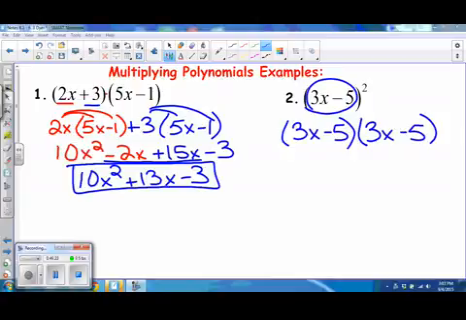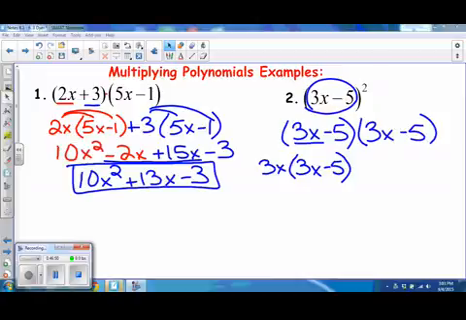Okay, now, I know some of you are good at this, and you can just look at it and go 3x times this, times this, times this, times this. But some of you need to be a little more organized because it's easy to make a mistake. So write it out. First, you're going to distribute the 3x. So 3x times what? 3x minus 5.